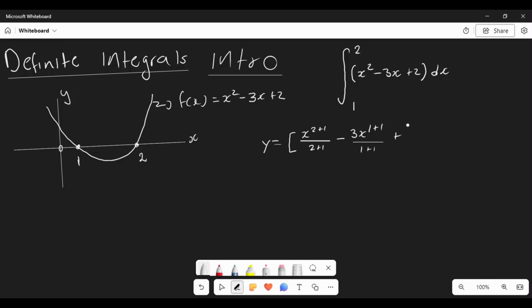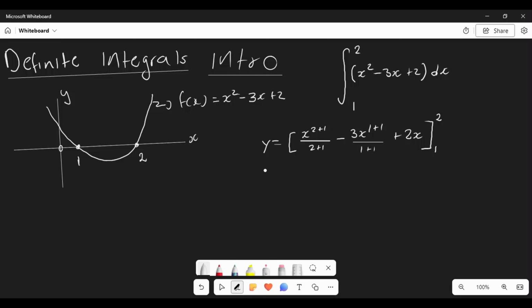Since this is a constant, or it doesn't have x, we just multiply these two with x. Remember, there's a power rule. There's no need for us to write c here, because I just showed you earlier on that the constants are going to subtract each other. So even if you don't write it, it's fine, guys. You're not going to get penalized for that. So here you write the upper limit, and there you write the lower limit, right?